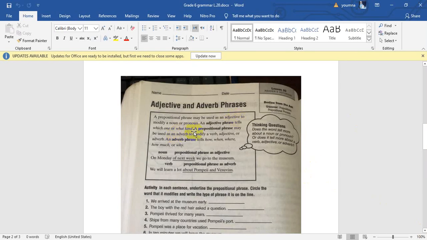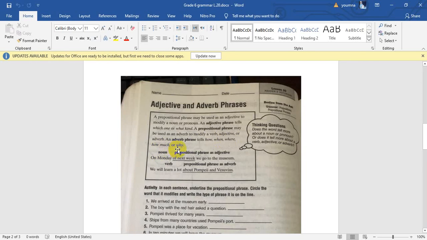But if the prepositional phrase is used as an adverb to modify a verb, adjective, or adverb itself, an adverb phrase tells us how, when, where, how much, or why.